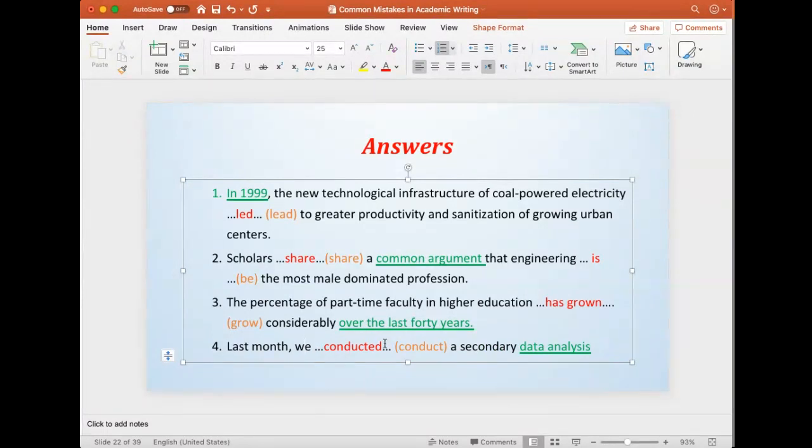Okay, last month we conducted a secondary data analysis. Okay, so it's a little bit not clear if there is no time expression.